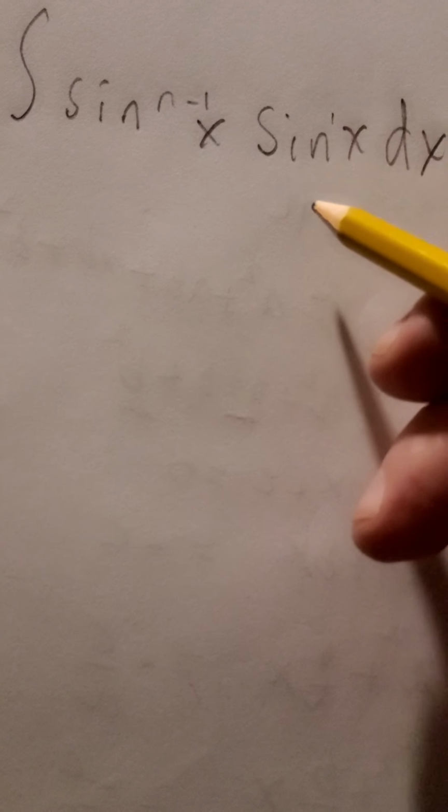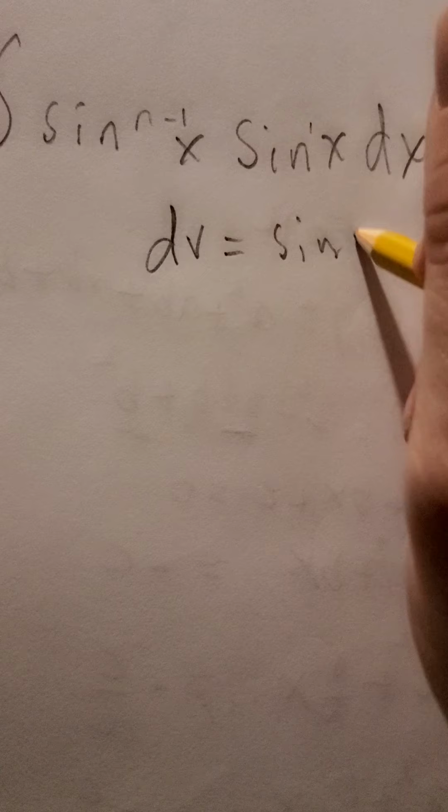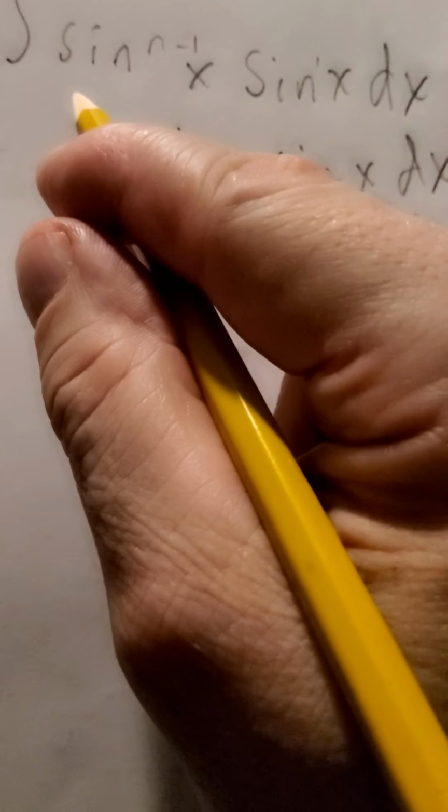So this power is 1, because n minus 1 plus 1 just gives n back again. So I'll choose my dv automatically. My dv is going to be chosen to be sine x dx.